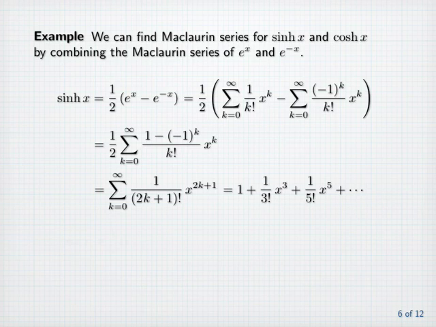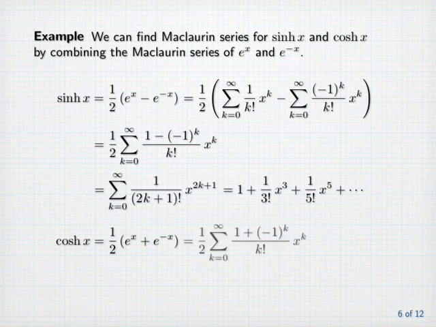Now recall that cosh x is equal to 1/2 of e to the x plus e to the minus x. And so, in almost the same way as above, we have 1/2 of the sum from k equals 0 to infinity of 1 plus minus 1 to the k over k factorial times x to the k. And this time the numerator in the coefficient of x to the k is 0 when k is odd and 2 when k is even.